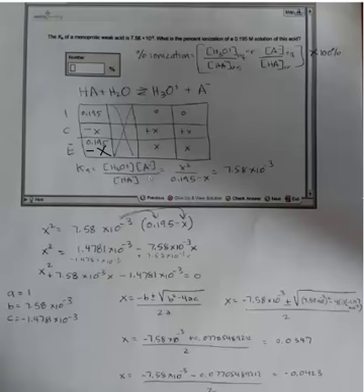So if we plug these values into our equilibrium expression, we end up with x squared divided by 0.195 minus x equals 7.58 times 10 to the minus 3. Now our Ka is relatively large, so I'm going to guess that I'm not going to be able to use my 5% rule and discount this subtraction here.